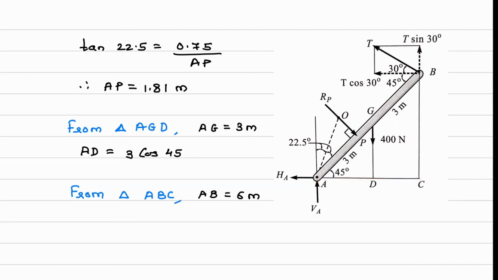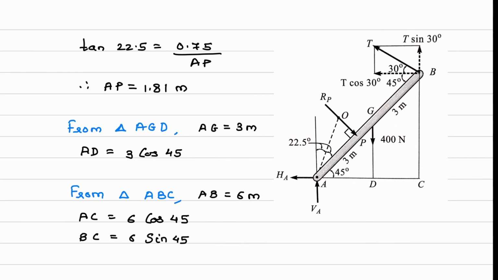So it will be the cos component. AC is equal to, hypotenuse is 6, so 6 cos 45. And BC is the opposite side, so that will be the sine component. So BC is hypotenuse times sin 45. So we have written down the AD, AC and BC values.